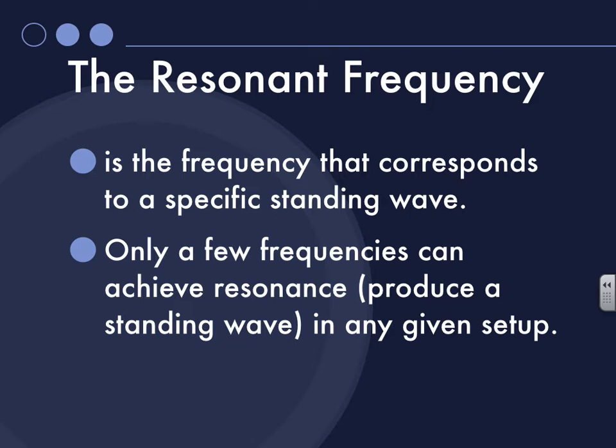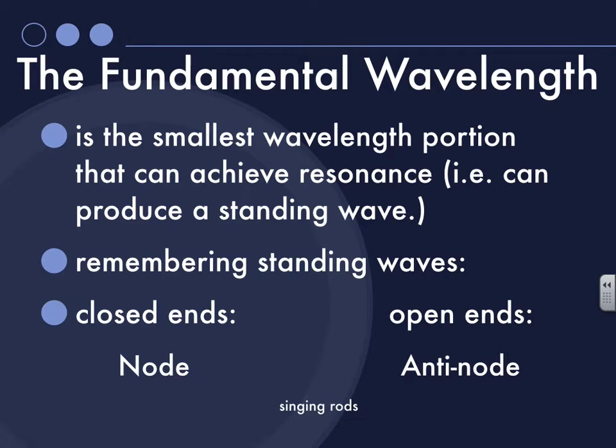For every given wavelength, there's a frequency that matches it. So if we have a standing wave with a certain frequency, there's a wavelength that matches that also. So we have a resonant wavelength and a resonant frequency, and these are all the ones that make a standing wave.